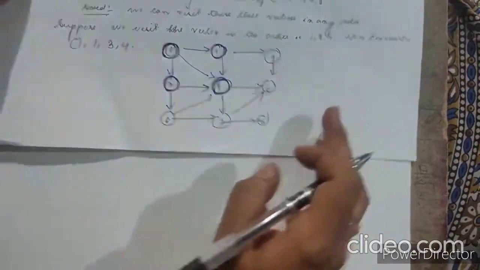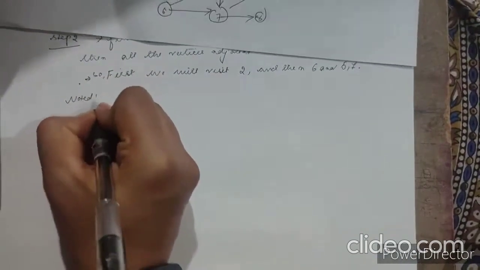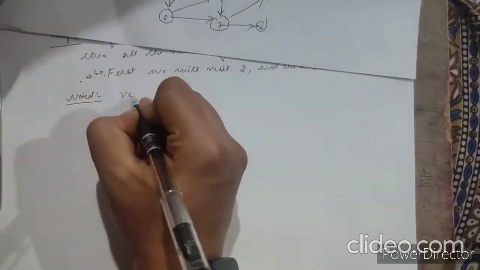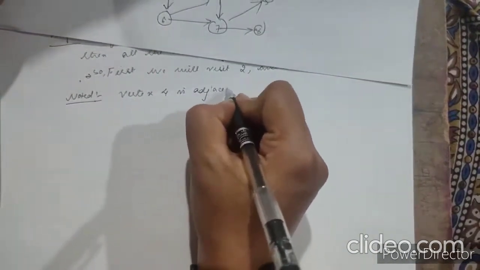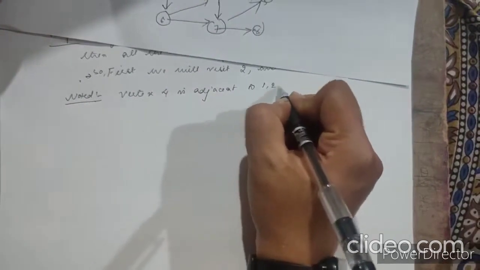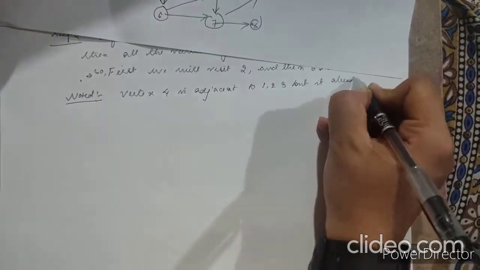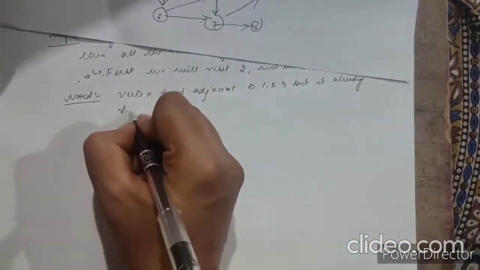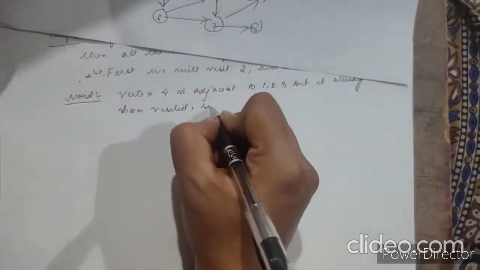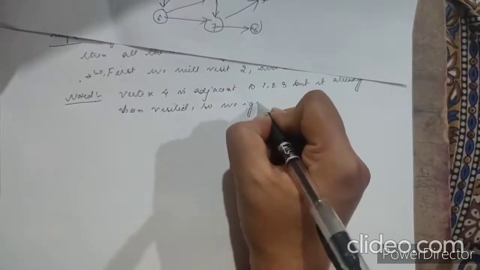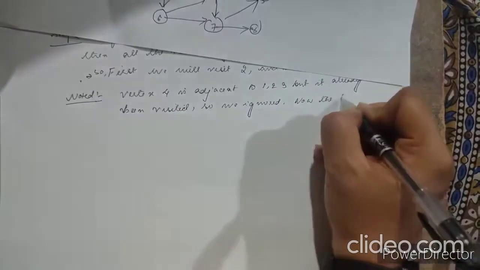Note: vertex 4 is adjacent to 1 and 3, but it has already been visited, so we ignore it.